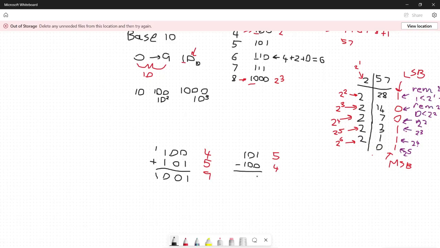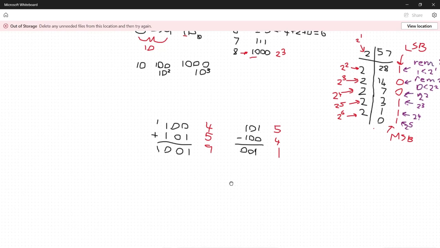Well, this will be 0, 0. This will be 1. That'll give us 0. That'll give us 0. And this gives us 1. So it's also pretty simple.